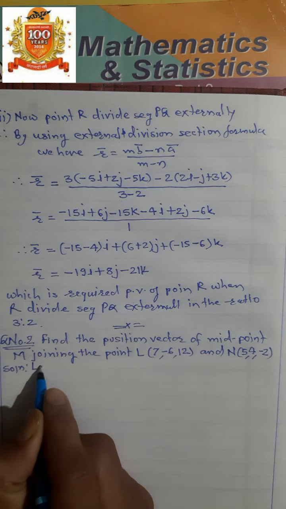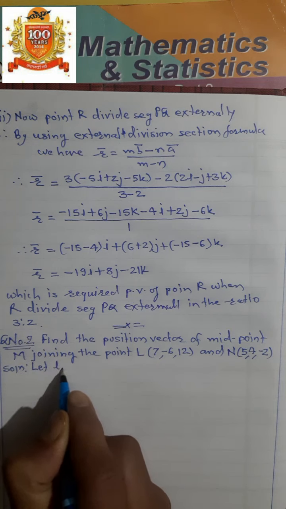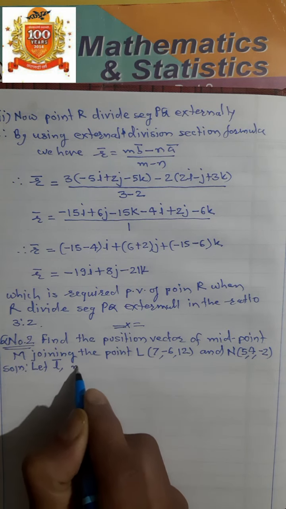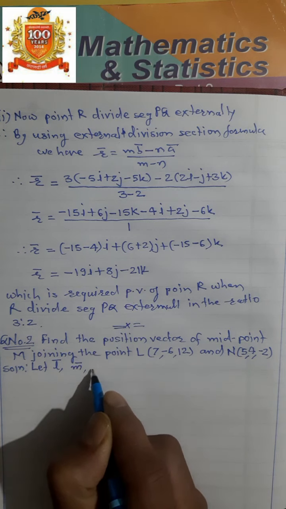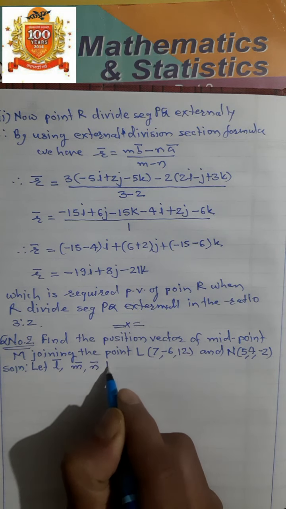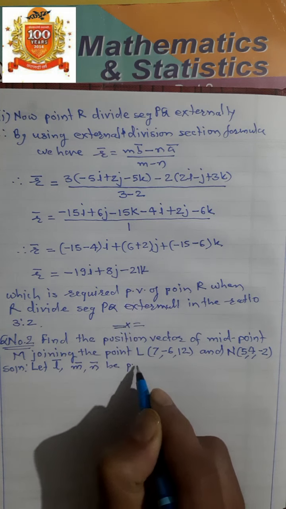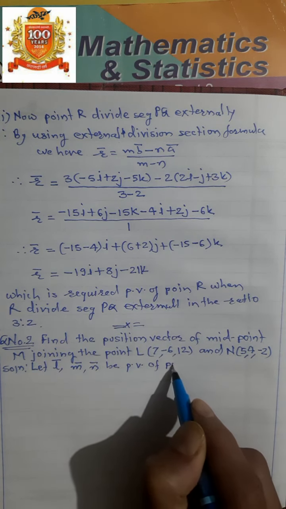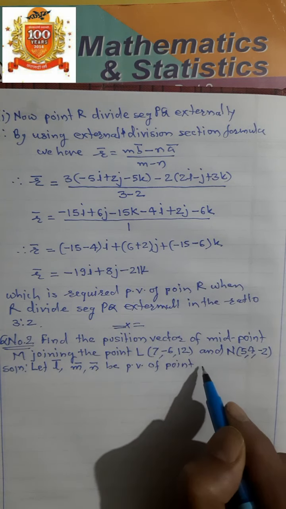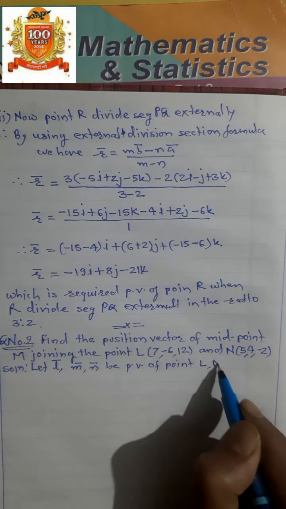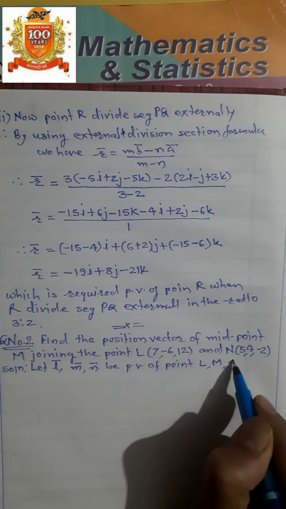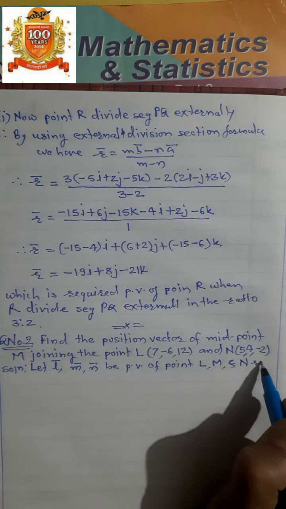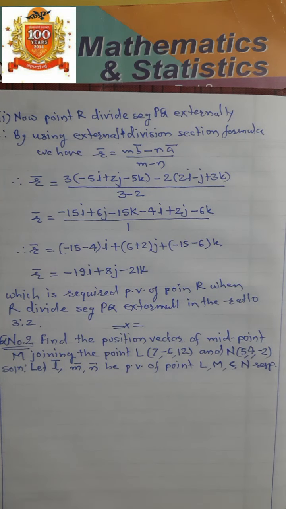Let L bar, M bar, N bar be the position vectors of points L, M and N respectively.